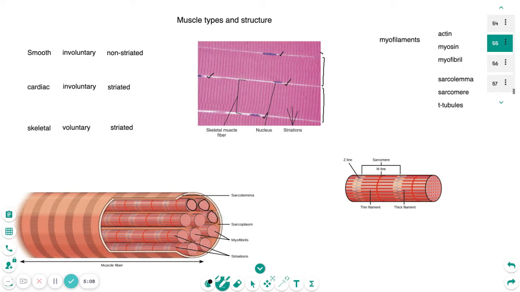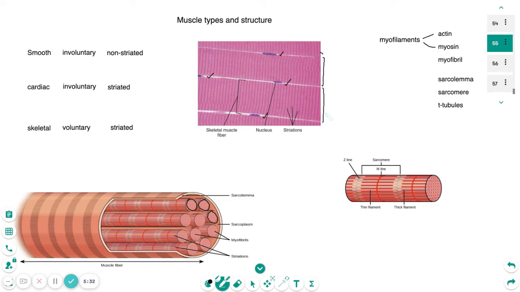Right. So these myofibrils, these are the organelles of the muscle fiber, and these are the functional units of it. These are the parts that make the muscle get shorter and longer when we're contracting and relaxing. So these myofibrils are made up of two types of myofilament called actin and myosin.